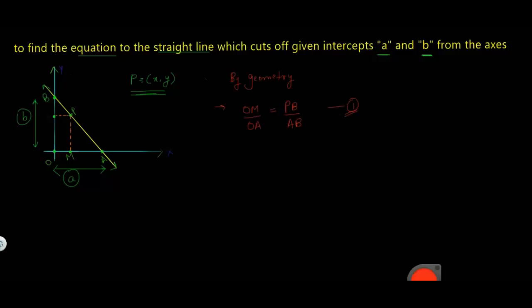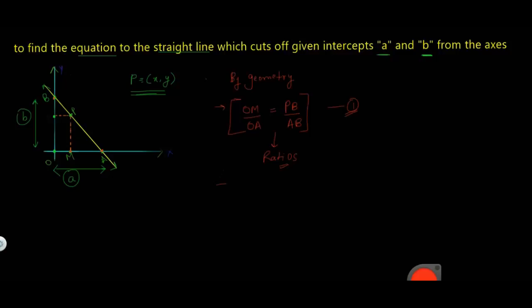Keep in mind, M is a point on x-axis, A is a point on x-axis and on line, and B is also a point on y-axis and on line. So by geometry I have my first relation: OM upon OA is equal to PB upon AB. That's just simple ratios. Alright, so this is my first relation.